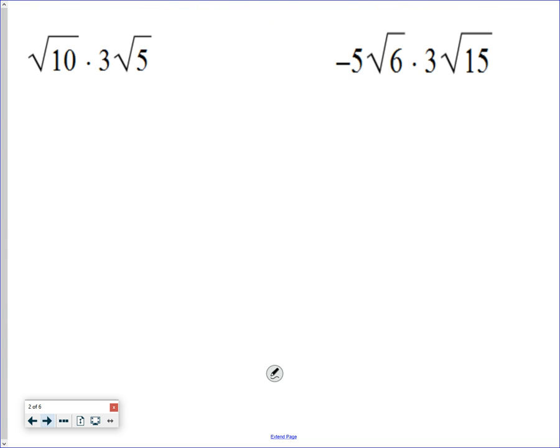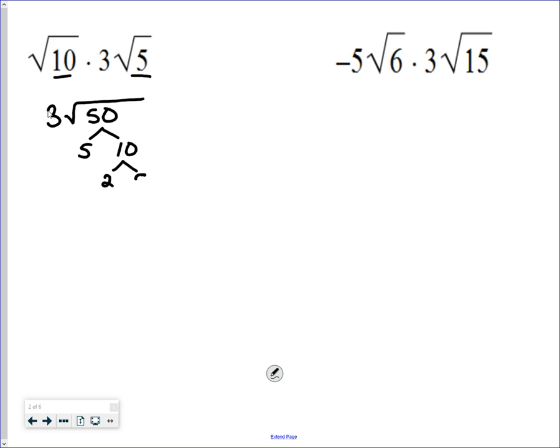Okay, here we go. Let's keep going. Now again, the 3 is outside the radical, and 10 times 5 is 50. Does it make sense? Now, I just continue to break it down. You can do it in different ways. You could do 5 times 10. You can do 2 times 25.